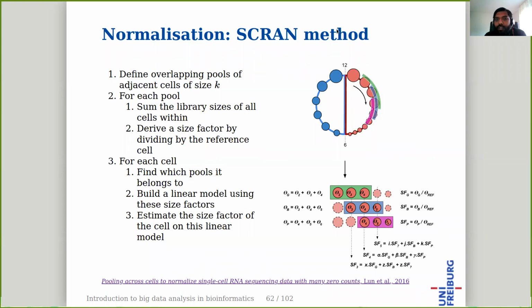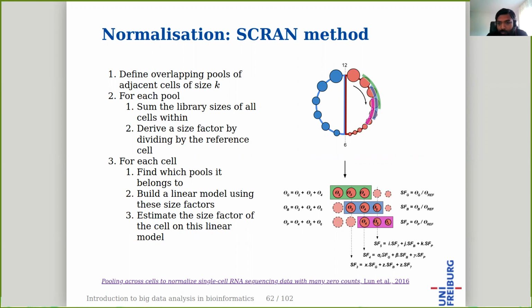And we do this for all the pools, and after calculating the size factors, as they are overlapping, we see the same cell multiple times. For example, theta 4 can be seen in 3 pools, and theta 3 can be seen in the blue and red pools. And we build a linear model based on these size factors of these cells. This gives a size factor for this particular cell.